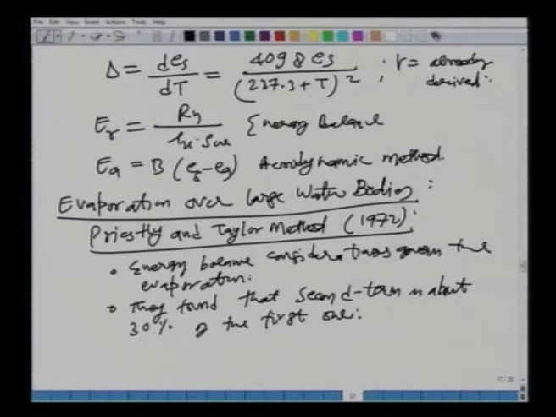So, if you use their conclusion, then you can say that the combined evaporation E is equal to alpha times delta over delta plus gamma. What is this factor, delta over delta plus gamma?